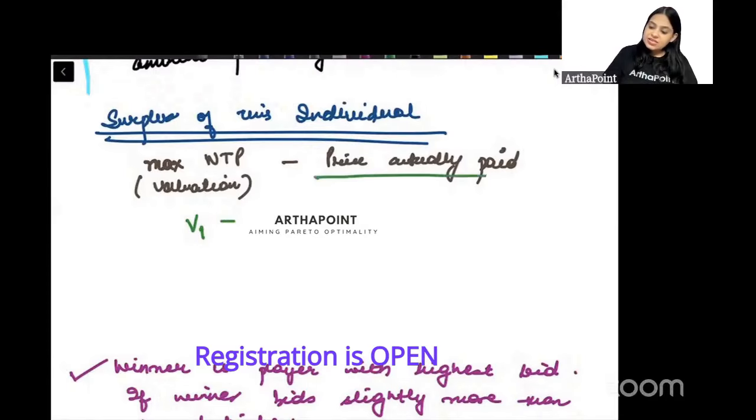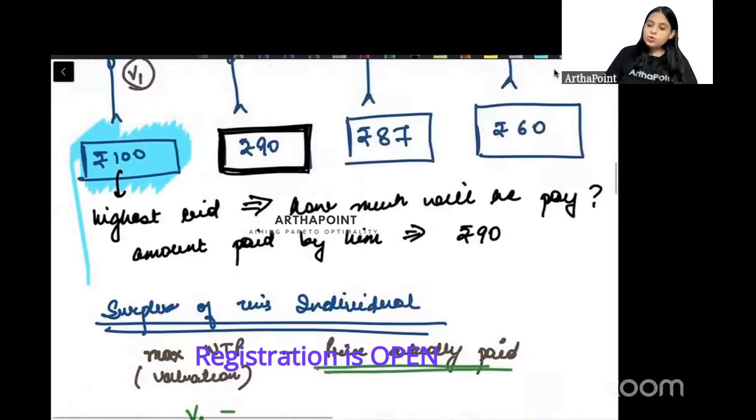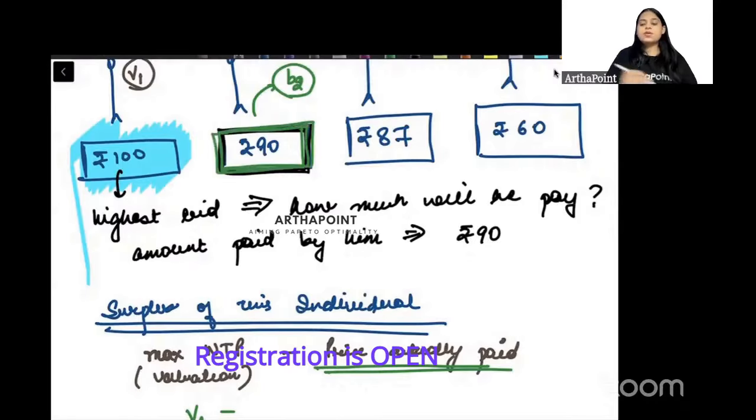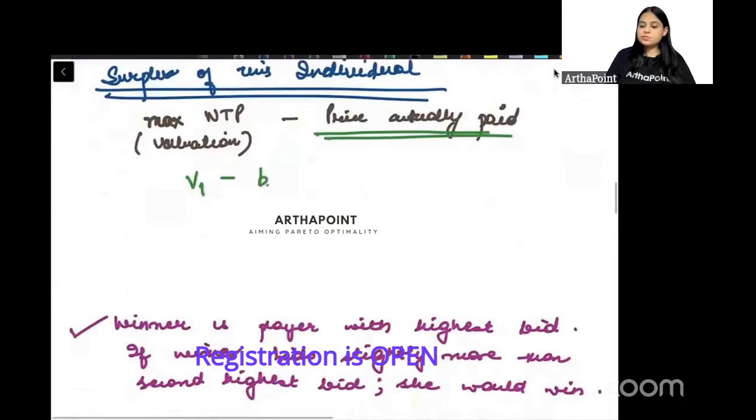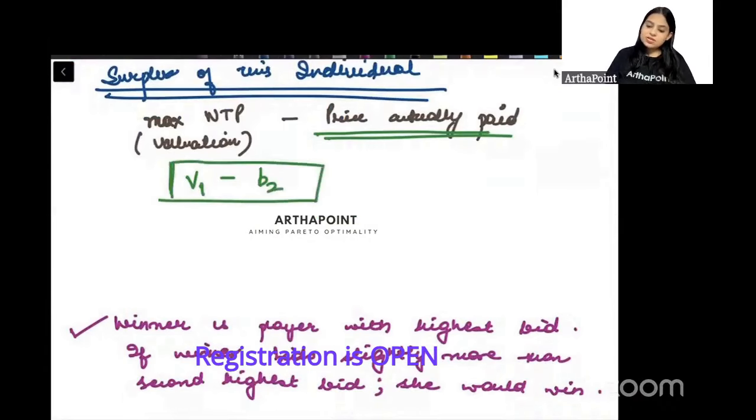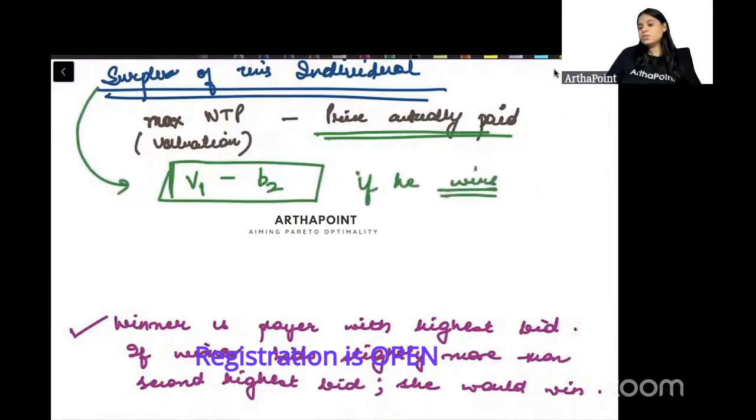And the price he paid is equal to the bid of the second person, the second highest bid. That is the price he paid for it. So this is his surplus if he wins.